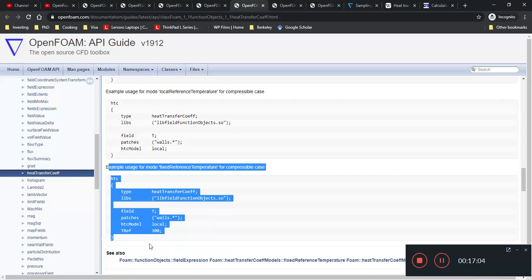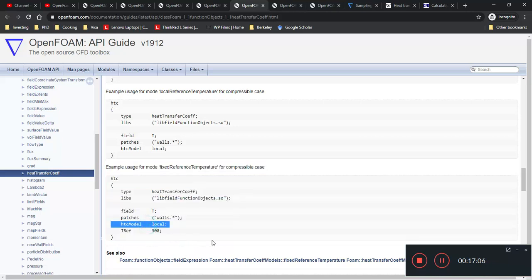Over here it says HTC model local. Do not type that in, you will get an error. So there needs to be some correction to this documentation. But apparently you will need two extra things. One is called the field, which is using the temperature field. One is called tref. Okay, so tref is capital T capital REF.